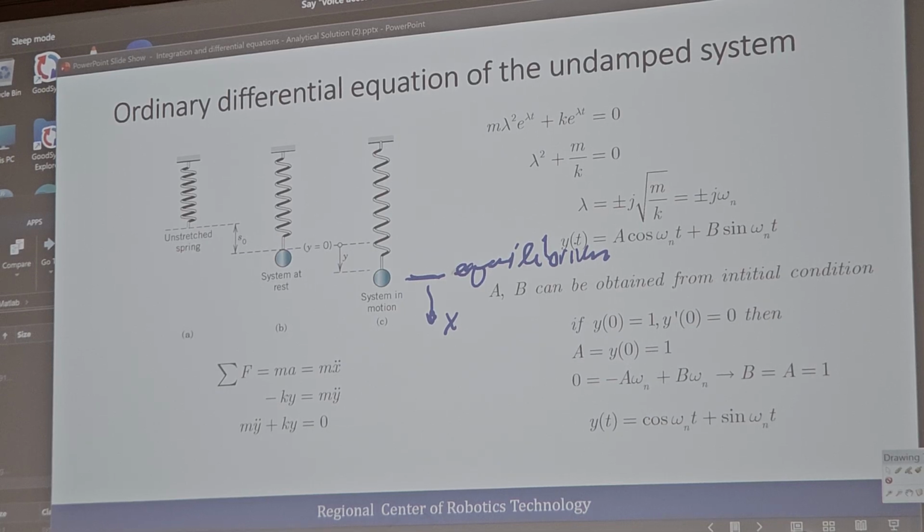And you have a spring here, kx. We have no external input. So in this case, you can have summation of force equal to MA.